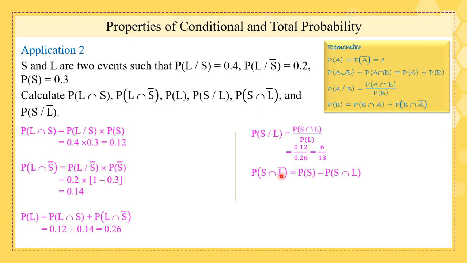So S intersection L bar is P of S minus P of S intersection L. Applying the total probability rule, it will be 0.18, and try finally to find the probability of S given L bar. It will be S intersection L bar over L bar. By substitution, this would be the final answer.